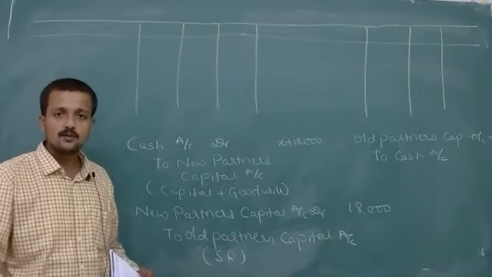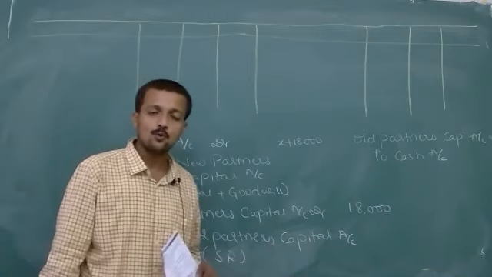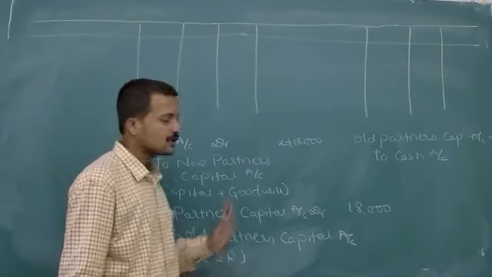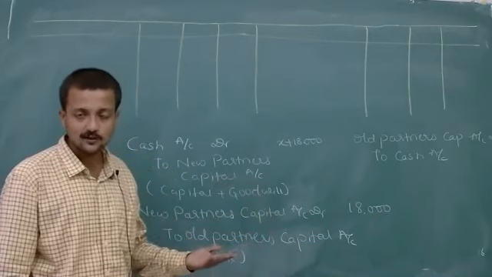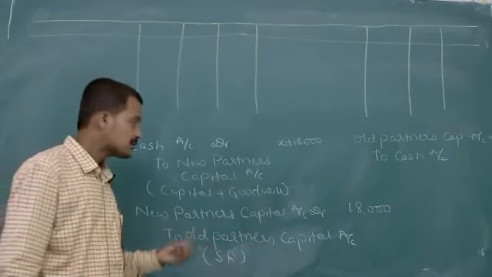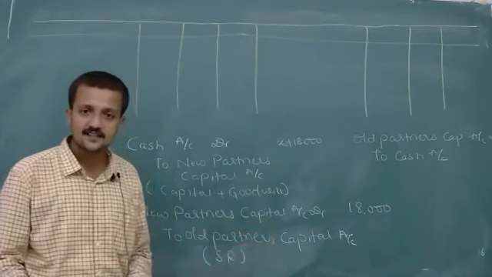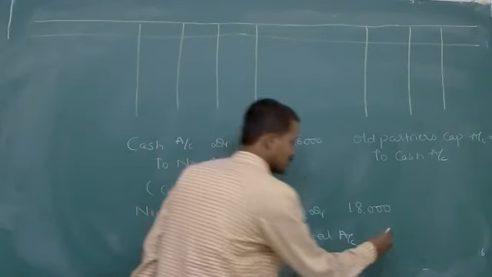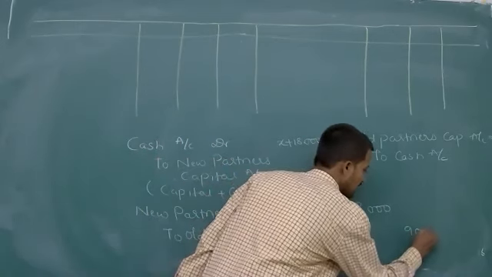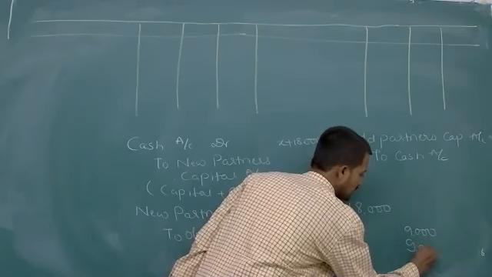They have to be distributed in their sacrifice ratio, and in the problem the sacrifice ratio is not given, nor the information to calculate it. Hence we assume that the old ratio itself is the sacrifice ratio, and the old ratio is equal. Hence it will be distributed as 9,000 each.